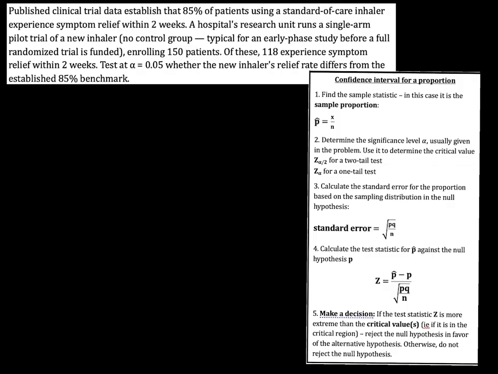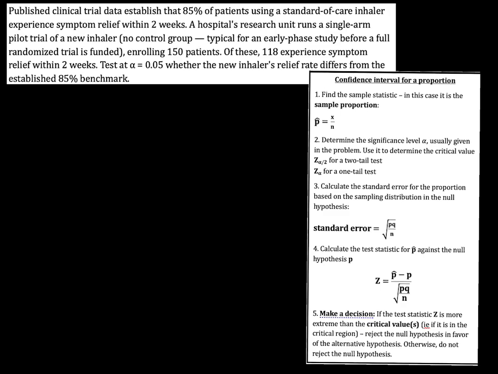A hospital's research unit runs a single-arm pilot trial of a new inhaler, no control group, typical for an early phase study before a full randomized trial is funded, and they enrolled 150 patients. Of those, 118 experienced symptom relief within 2 weeks. So we're going to test at the alpha equals 0.05 significance level whether the new inhaler's rate differs from the established 85% benchmark of the standard of care inhalers.